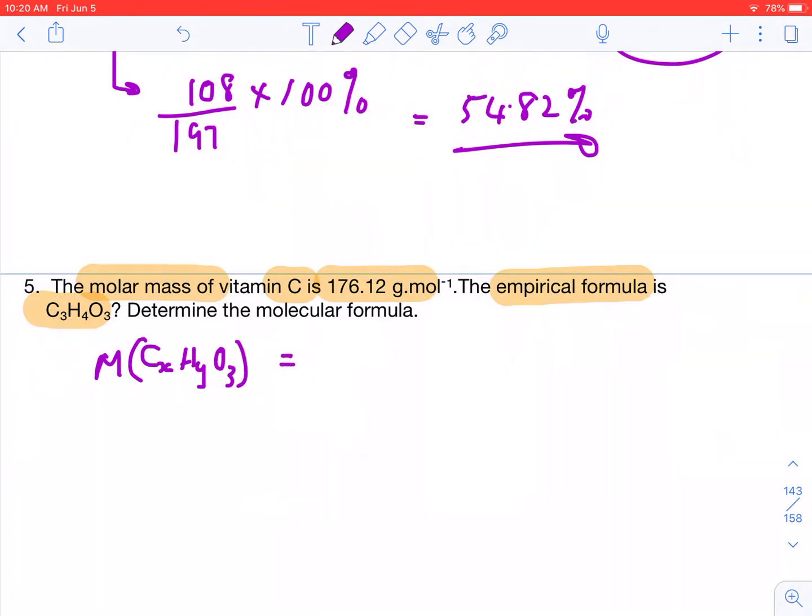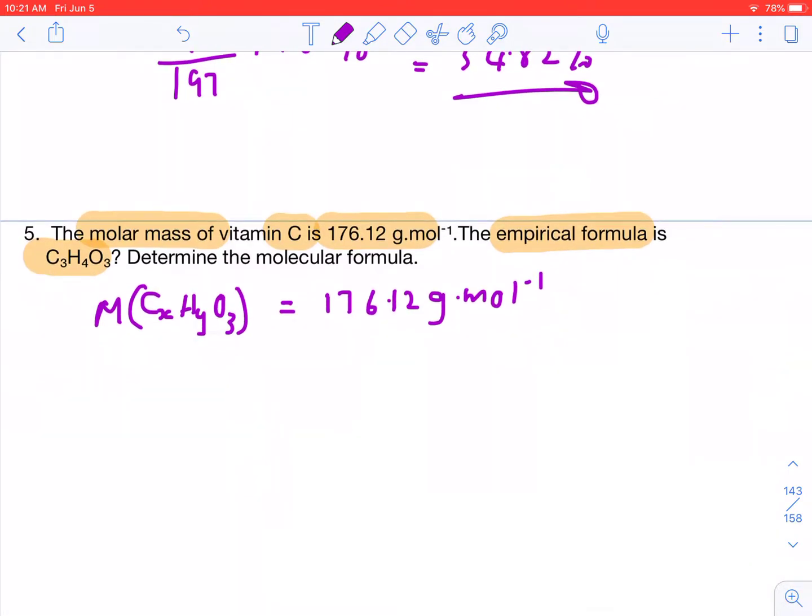But what we do know is that the molar mass is 176.12 grams per mole. The empirical formula is telling us we have C3H4O3.